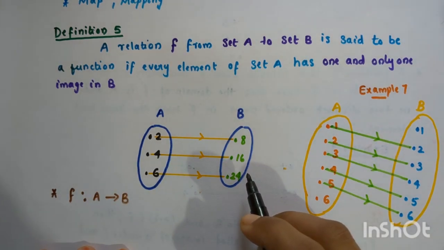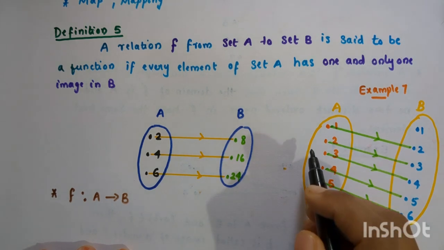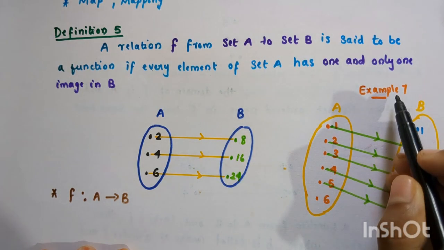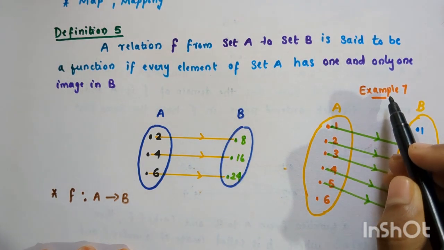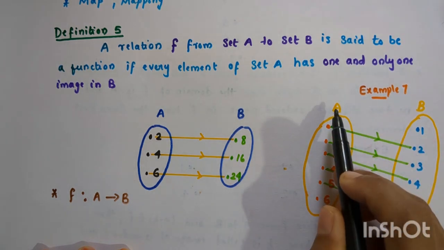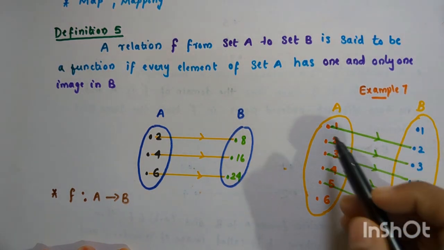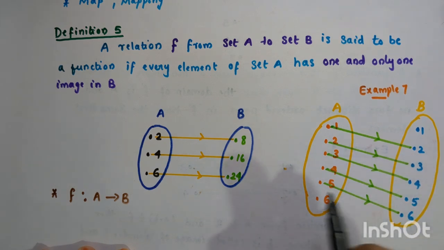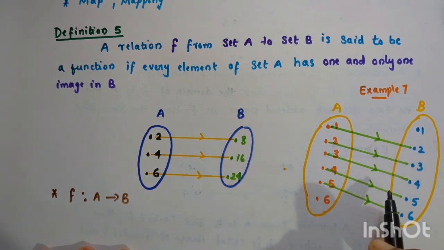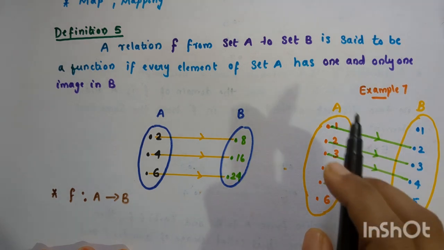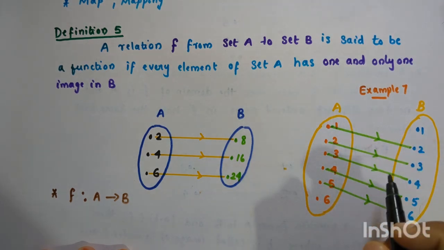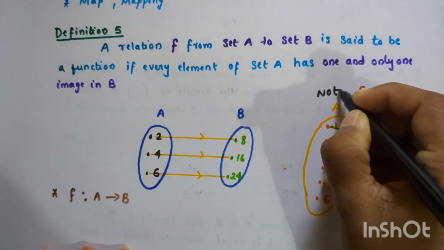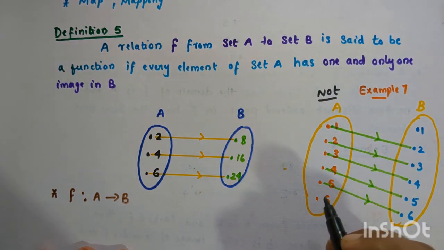Now, let us consider another relation which was discussed in example 7 in our previous video. Here we have two sets, set A and set B, with these elements. Is this relation a function? No. This relation from A to B is not a function. Why?